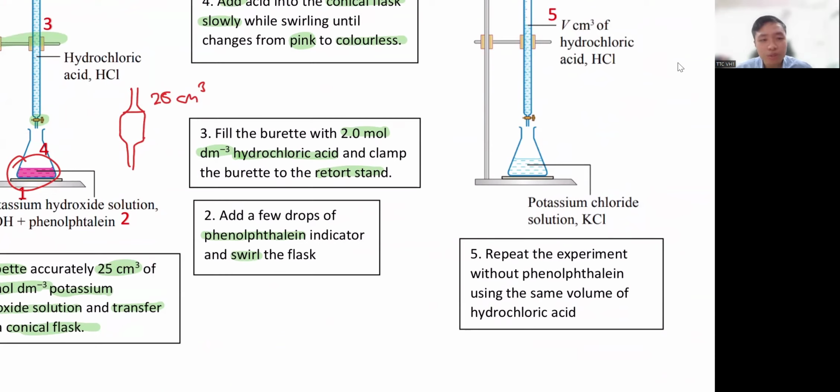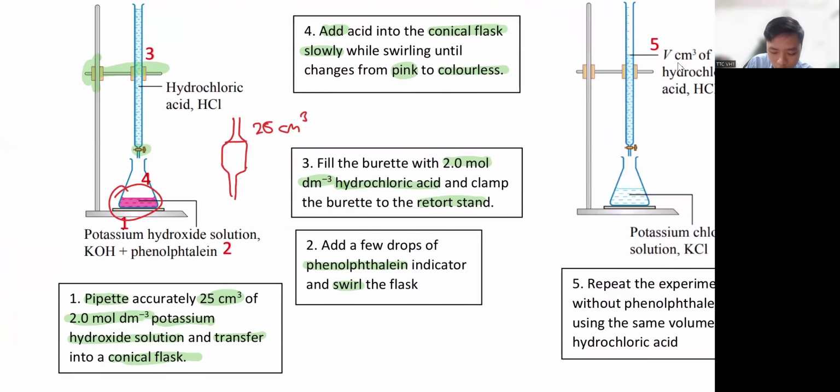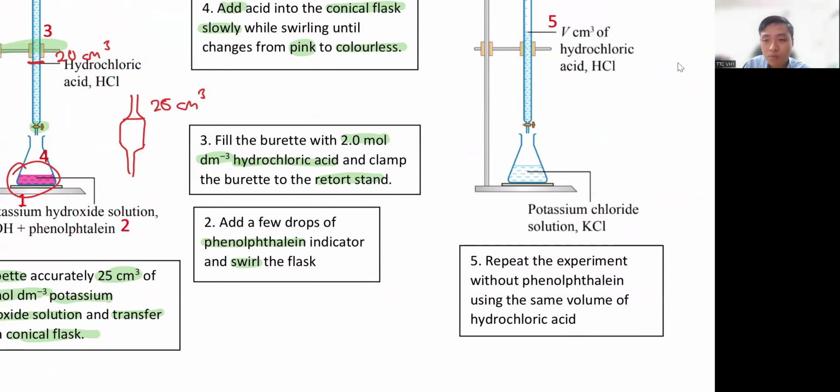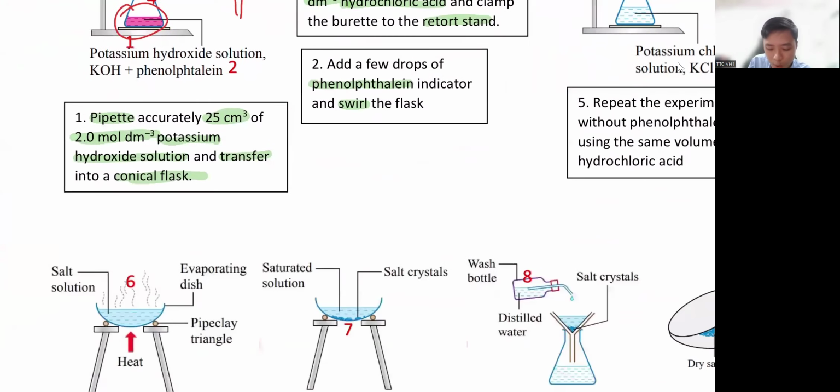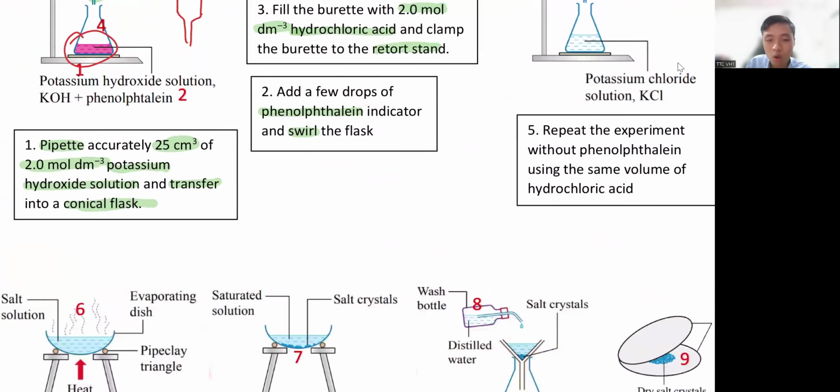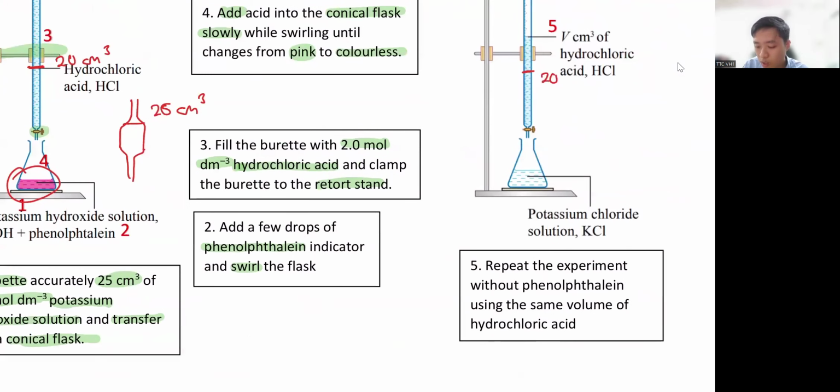Very simple, because you already did the first one and recorded that I need 20 cm³ of acid. So now I do it a second time with the same amount. I already know I need 20 cm³. No need to see the color change anymore. That's why I say the same volume of acid.